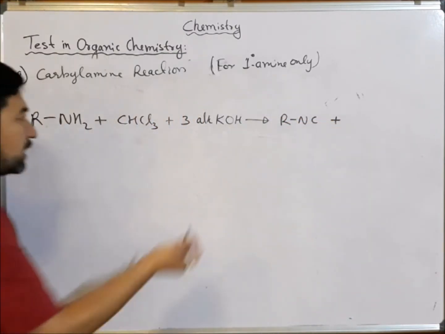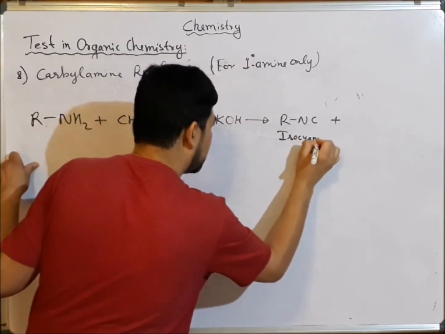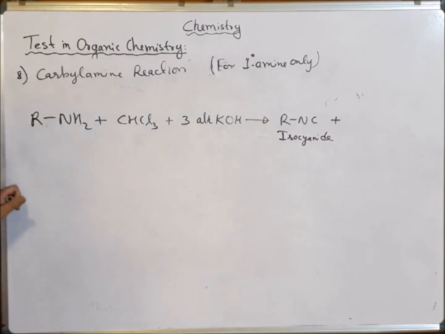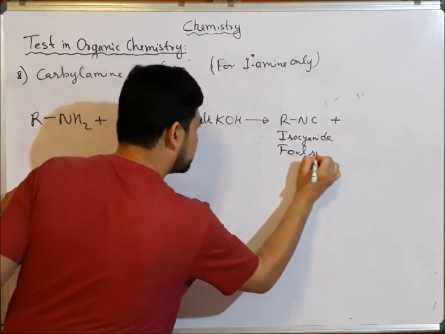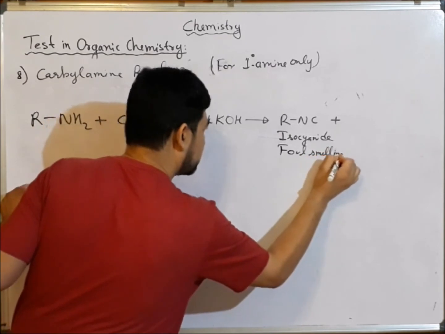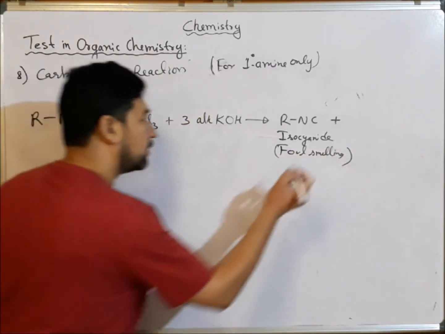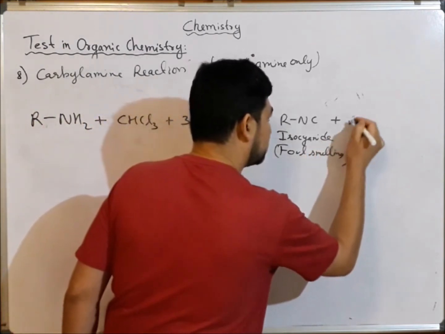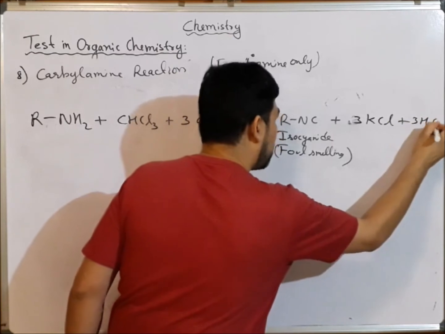So this is isocyanide, foul-smelling, plus 3 KCl plus 3 molecules of water.